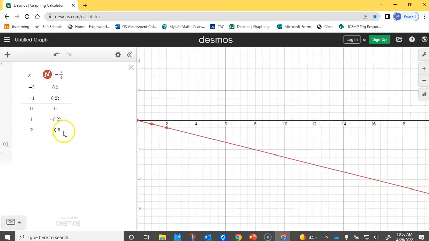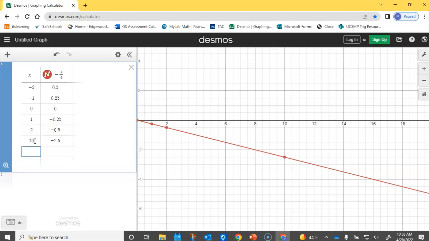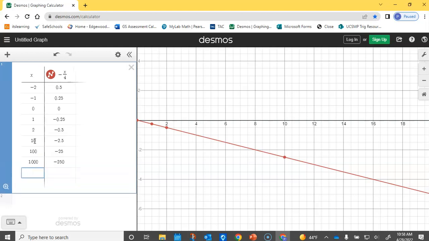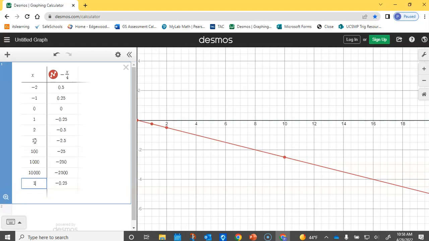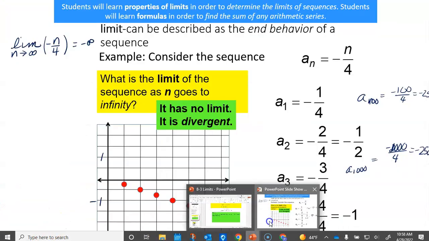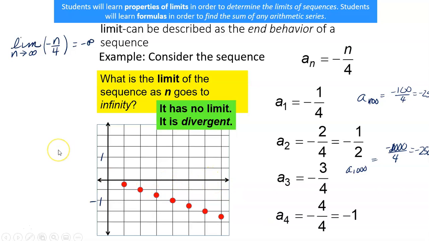But if you want to check what happens for 10, what happens at 100, at 1,000, at 10,000, at 100,000, you can see that those go on to infinity. They're just going to keep getting larger without bound. So that's how we have no limit here.